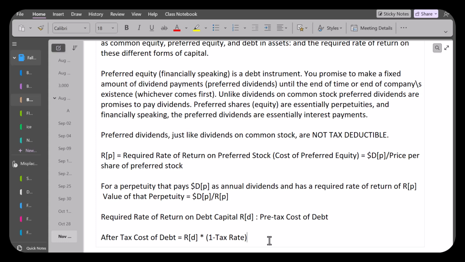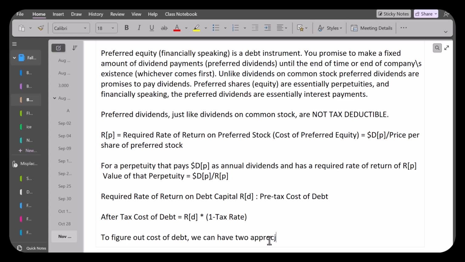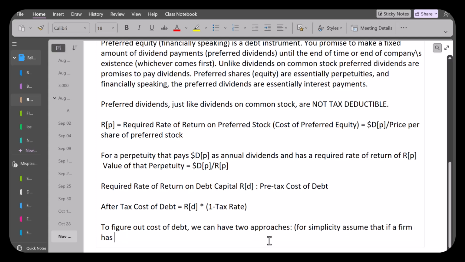To figure out cost of debt, we can have two approaches. For simplicity, assume that if a firm has a bond issue, it has only one such issue.